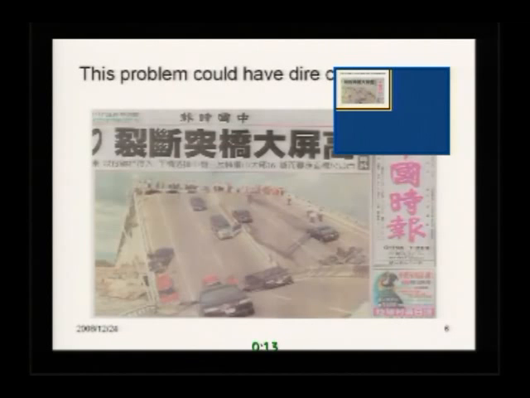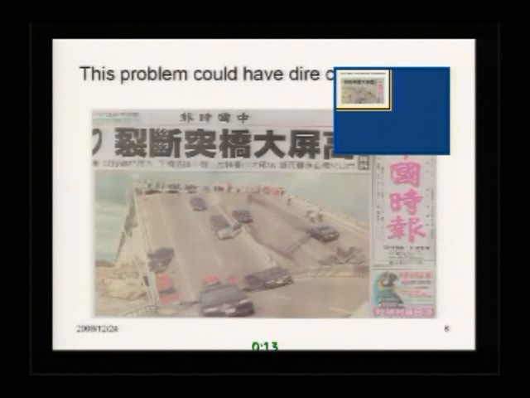Tom, you don't read this. What this says, Gaoping Daqiao, means this bridge is called the Gaoping Bridge. It suddenly collapsed. It's so sudden that a car got caught on it. Unfortunately, nobody was hurt.